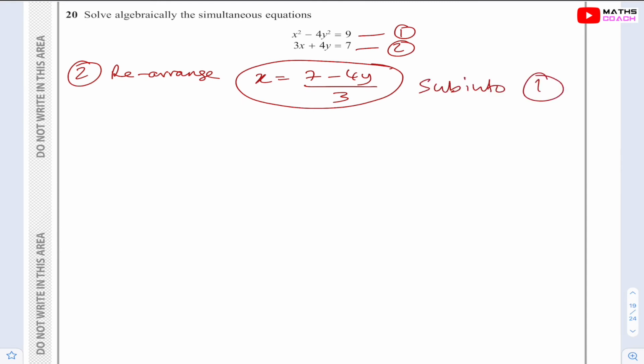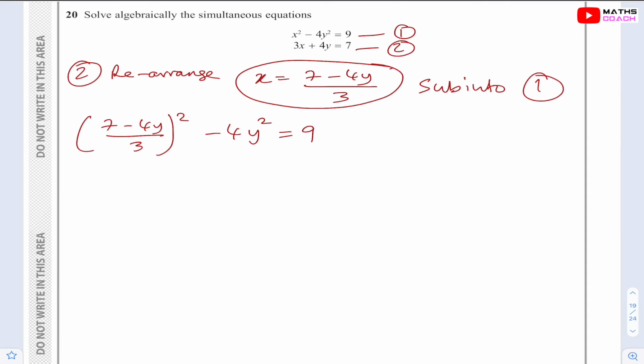So let's go. Equation number 1 is x squared, and my value of x is 7 minus 4y over 3, so 7 minus 4y over 3 all squared. Then it says minus 4y squared is equal to 9. And I will now just expand and solve this.